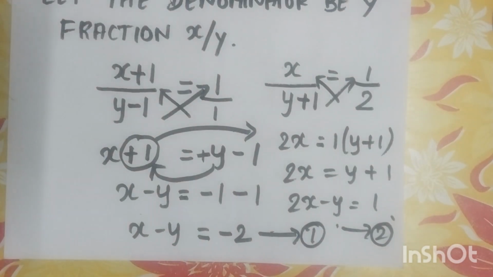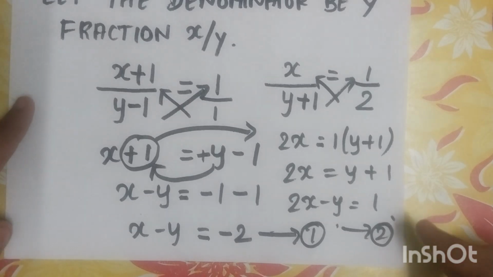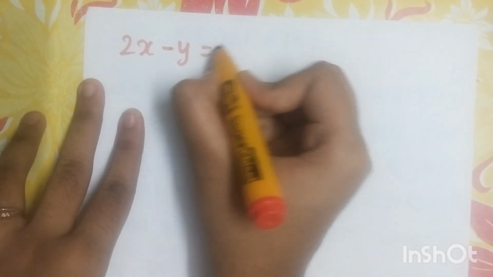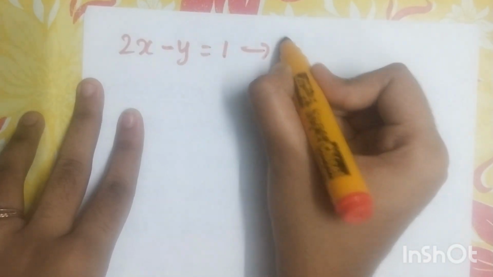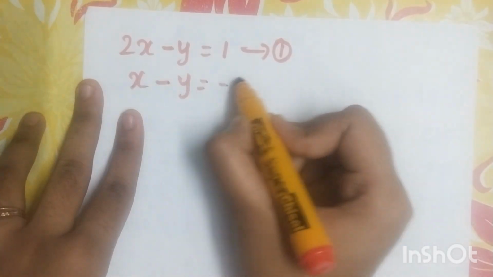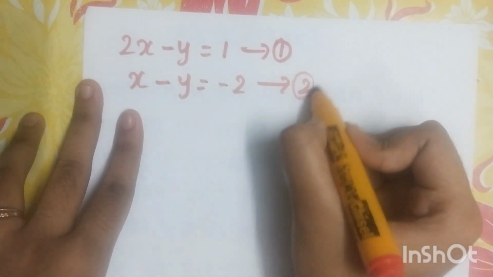Now I got the equations, so I'm going to solve this through elimination method. First I'll write the equations: 2x minus y is equal to 1 is my first equation, and x minus y is equal to minus 2 will be my second equation.